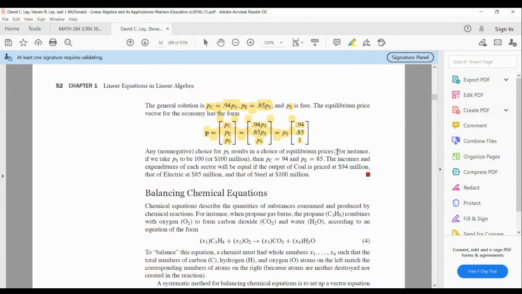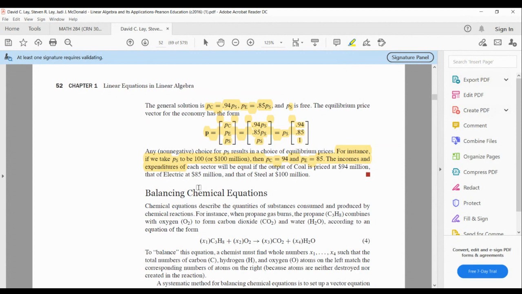So for instance, if you take the income for the steel industry to be 100 million, then the expenses would be 94 million for coal and 85 million for energy.